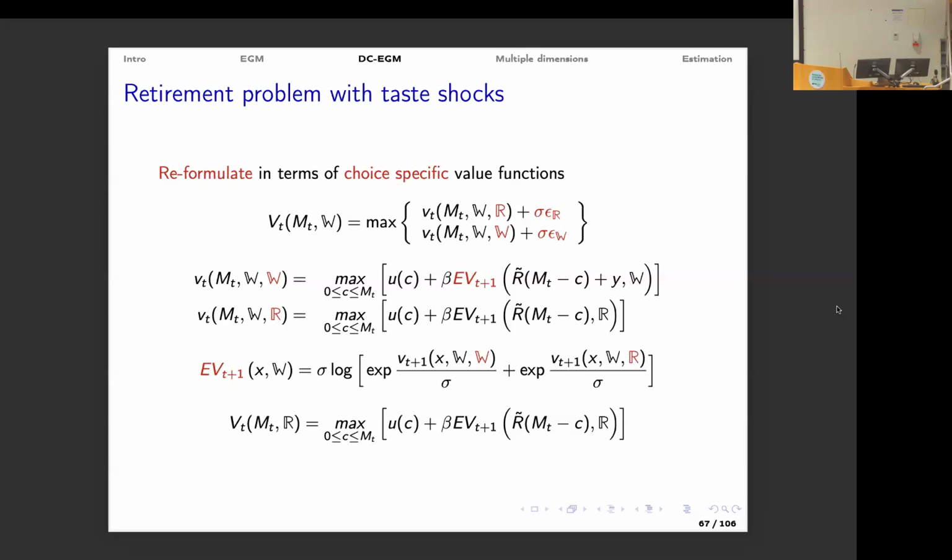Okay? The Bellman equation is going to look like this. Now it has this additional random parameter scaled with sigma over there. And the choice-specific functions look as before. The expectation with the extreme value assumption will be given by the log sum, the log of the sum of the exps. We have this scale, right?